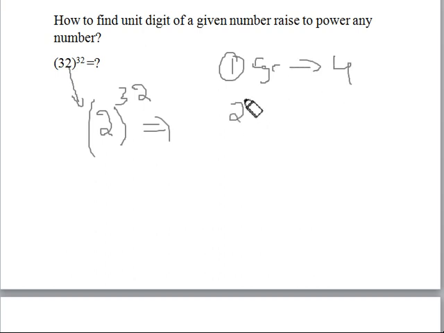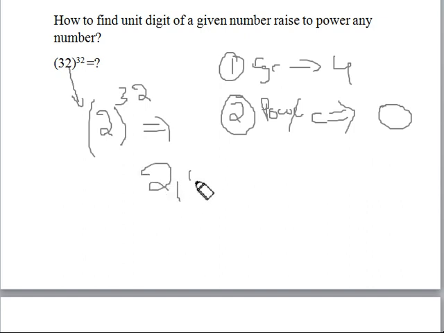The second step is to divide the given power by the cyclicity and find the remainder. If I divide 32 by 4, the remainder is 0. A remainder of 0 means the cycle is completed. For example, 2, 4, 8, 6 is the cycle of 2.